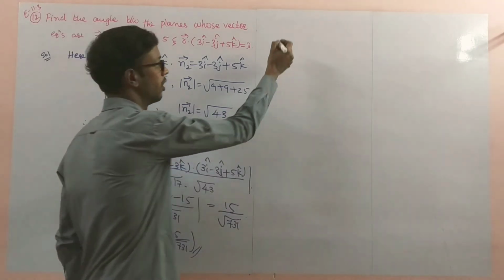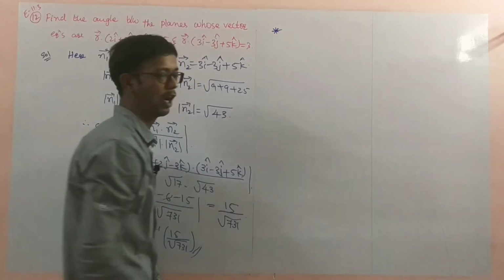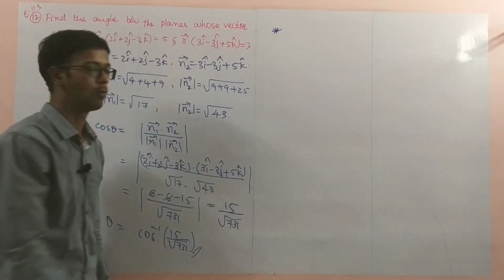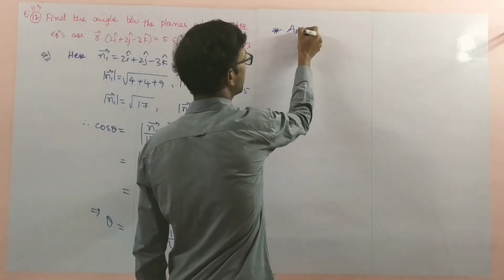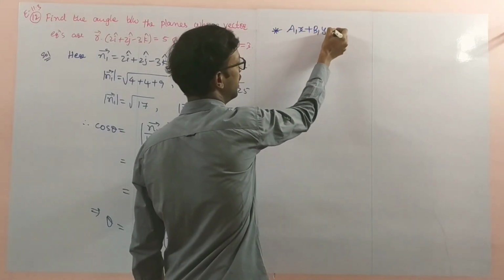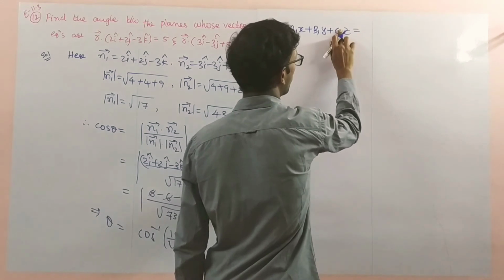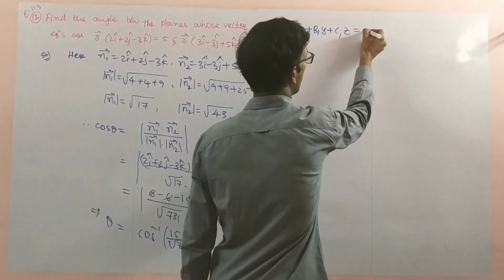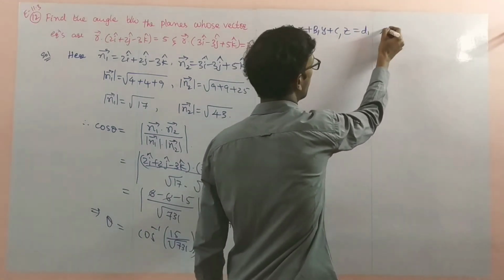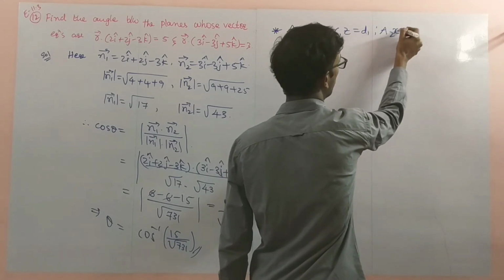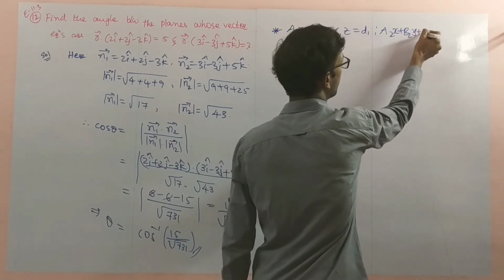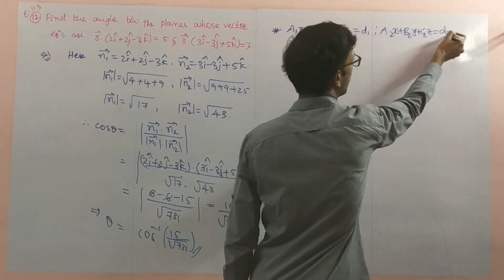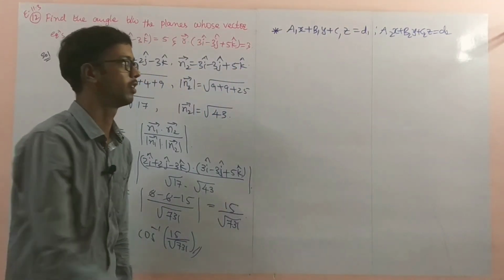One more note point here, already we know this point, so again I am repeating this point here. A1x plus B1y plus C1z equal to D1. A2x plus B2y plus C2z equal to D2. Two plane equations is there.